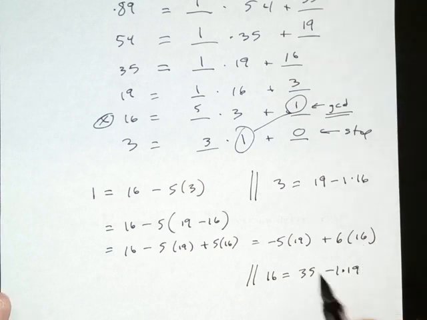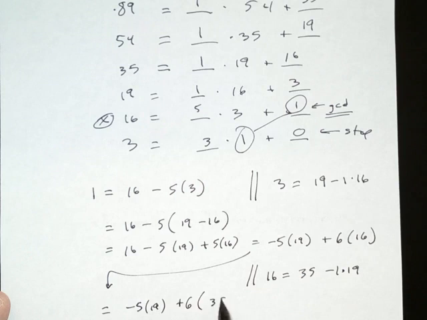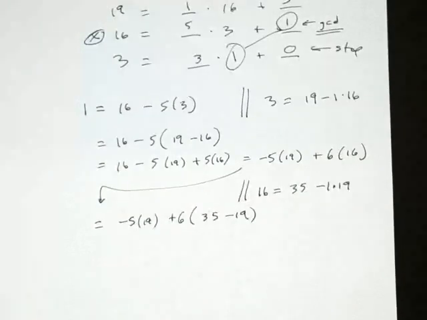Replace that set of 16s with this set of numbers. And regroup. How many 19s and how many 35s?